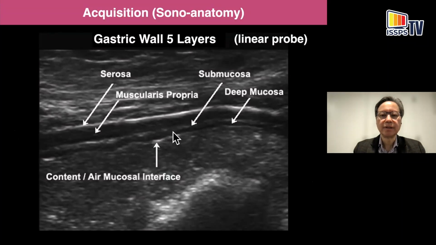The next one, the grayish area, is the deep mucosa or the muscularis mucosa. Then is the submucosal level. Then the next one is the thickest muscular layer called muscularis propria. And finally, the outside surface is the serosa. The muscularis propria is the muscle layer that we will see on the ultrasound when we use a curved probe.